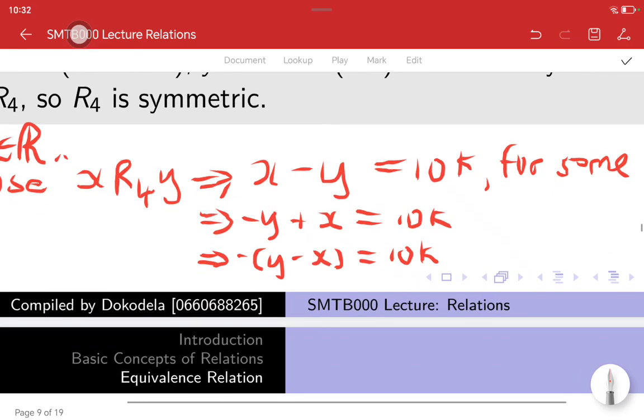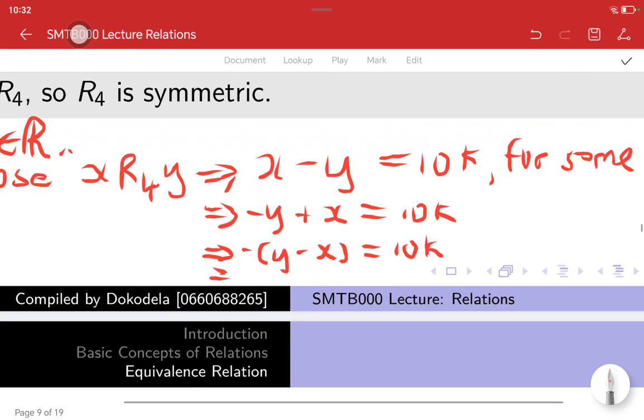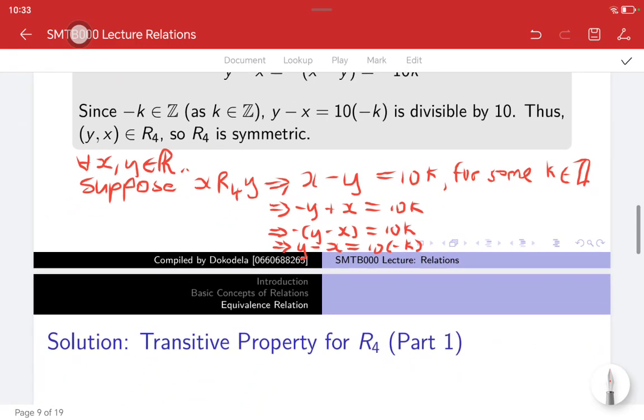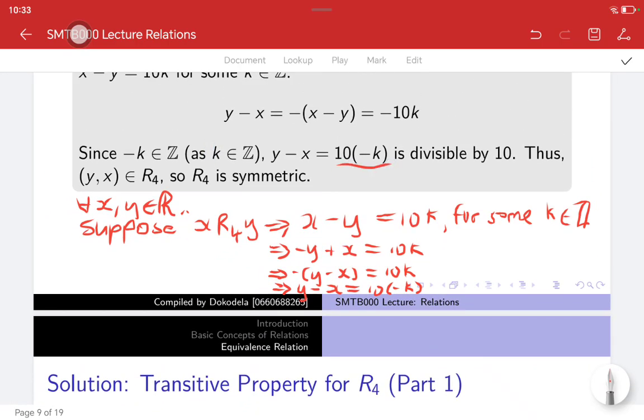From here, we imply that y minus x, so the negative should be taken by k. If I divide both sides by negative, the negative should be taken by k. Since this is the case, I've arrived here.